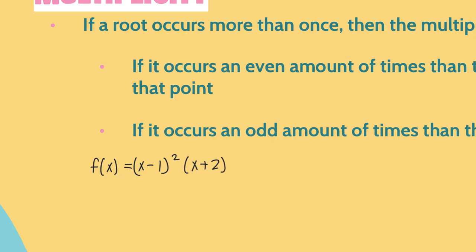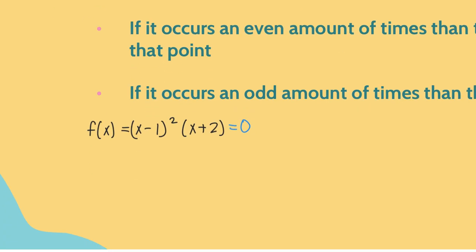Okay, first thing I have to do is solve for my zeros. Trying to find what they are, so setting it equal to 0. How am I solving? I'm going to have x plus 2 equals 0. That's going to give me x equals negative 2. That's one of my answers. And then I have (x minus 1) squared equals 0.